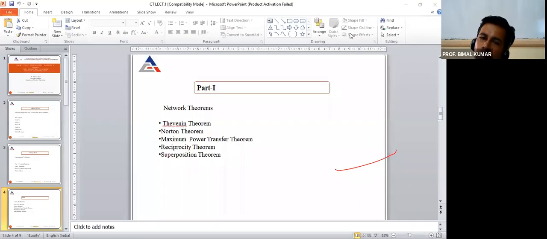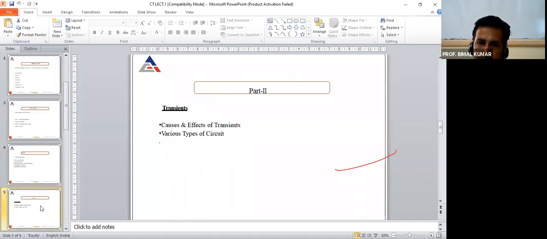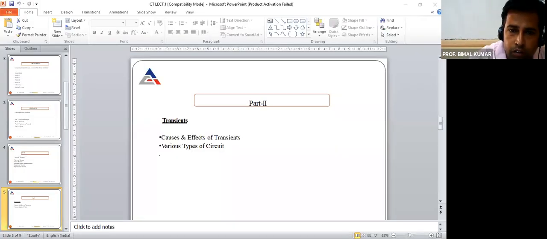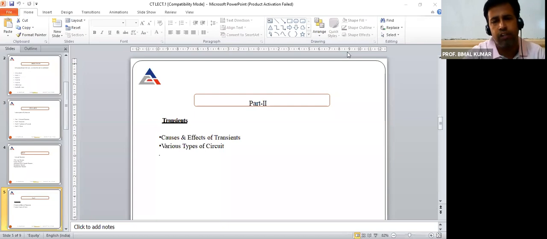Now, after completing this part, we will move towards the next part, part 2, transients.